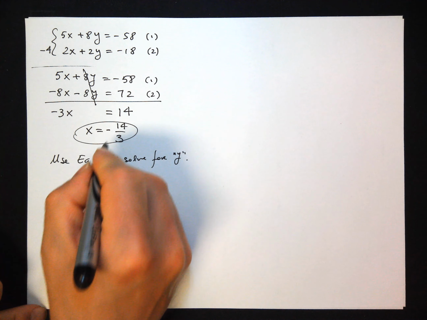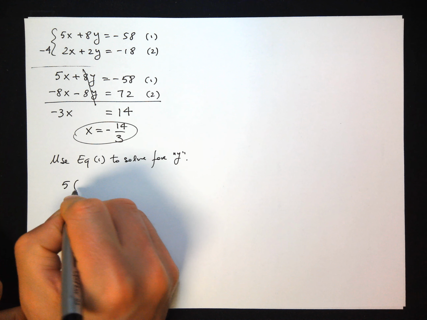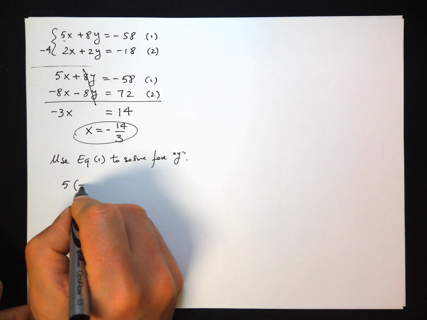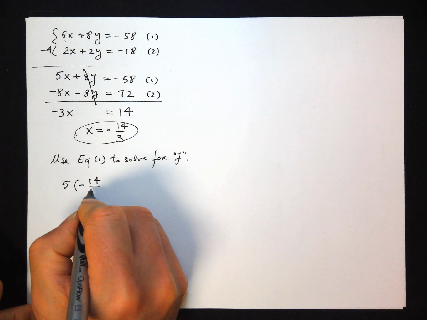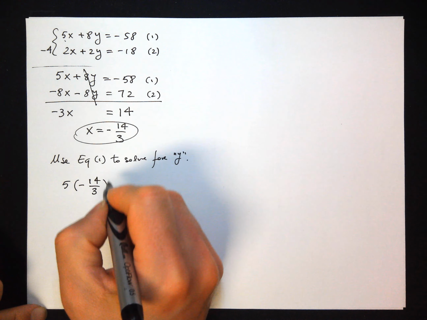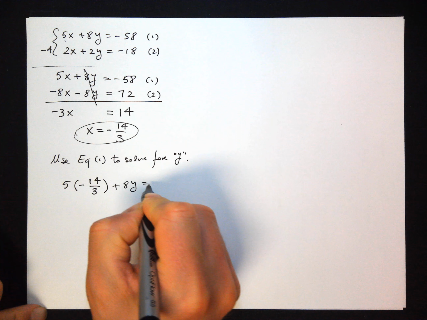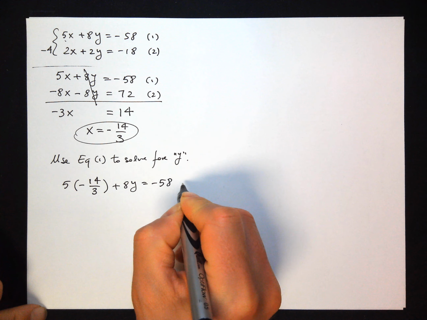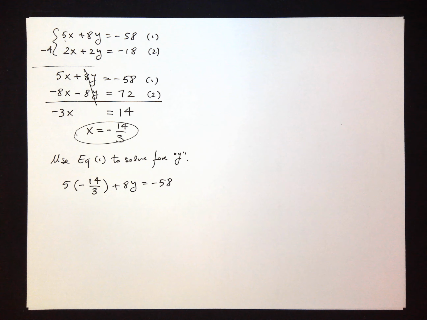So we have 5 times negative 14 over 3, plus 8y equals negative 58. Notice that we established an equation with one variable, and that's exactly what we want, because we can solve. If you have an equation with more than one variable, you're stuck.